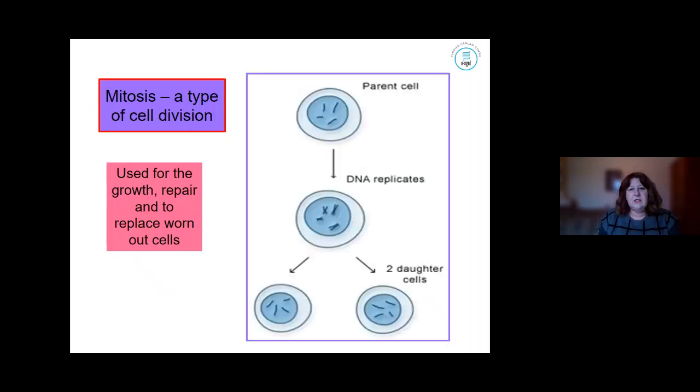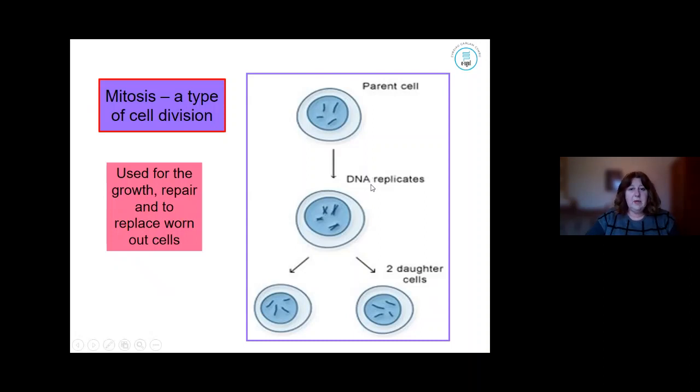If you have a little look at the diagram I've got here, you can see that the parent cell has, in this case, four chromosomes. So we're looking at a different number here. The body cell number here is four. You can see the four chromosomes inside the nucleus. The first thing that happens is that the DNA is going to replicate.